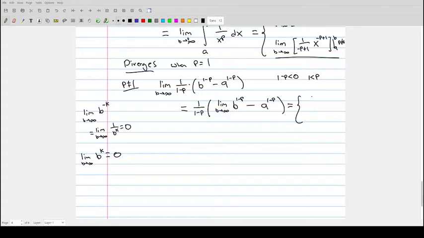So this expression is positive infinity if 1 minus p is greater than 0, or if p is less than 1. And it's going to be equal to negative a to the 1 minus p over 1 minus p if p is greater than 1.